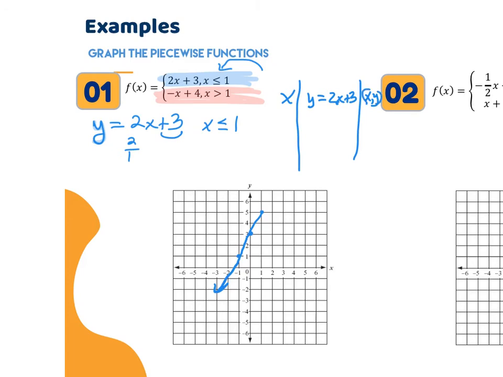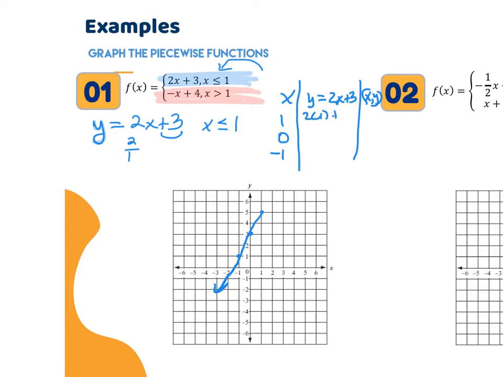So here, in my table, I can only plug in numbers that are 1 or less than 1. So like I could plug in 1 and 0, and that would be enough to make my line. If you want to plug in more to get more precision, you could plug in -1 because it's also less than 1.